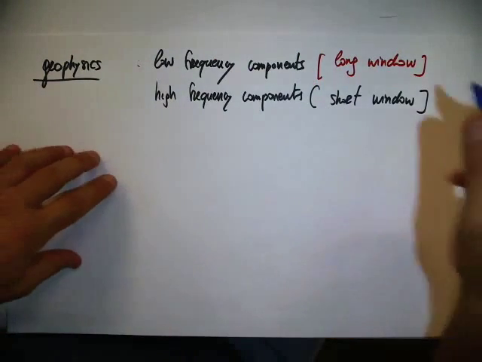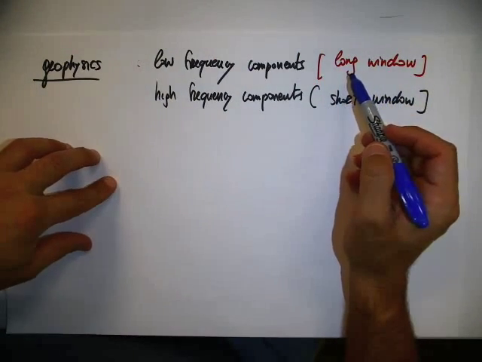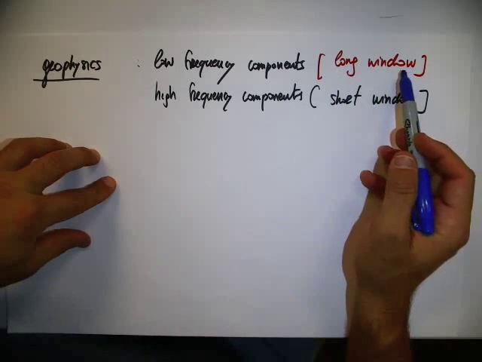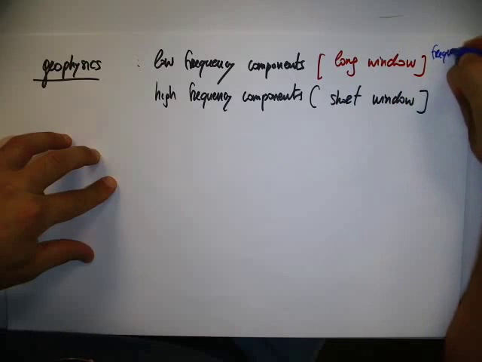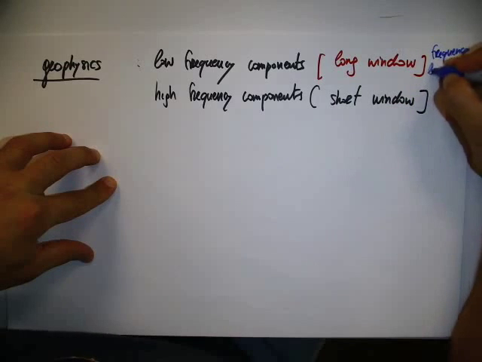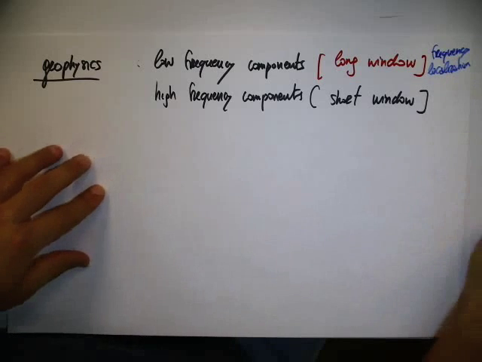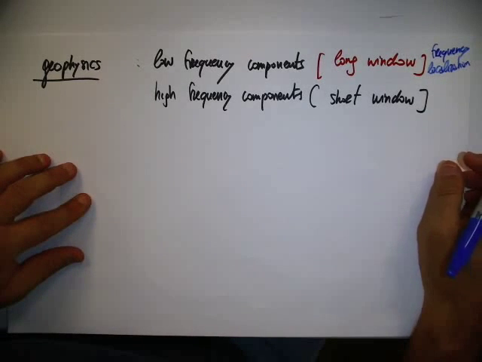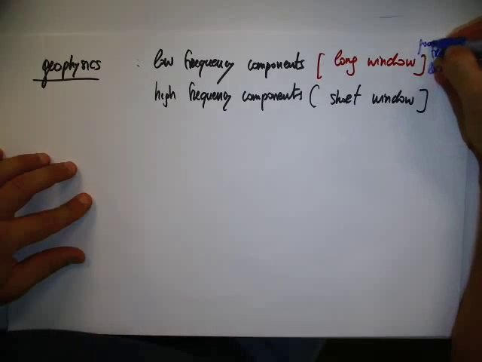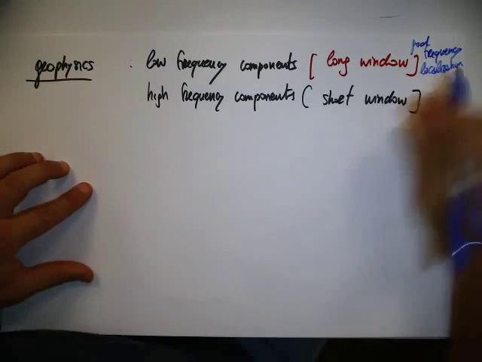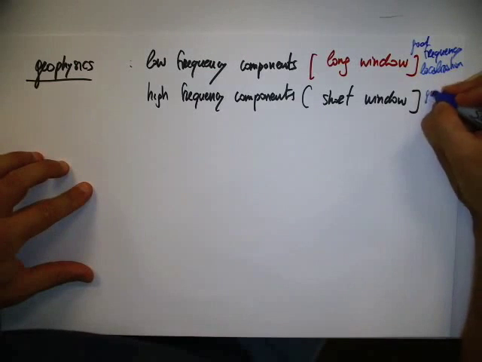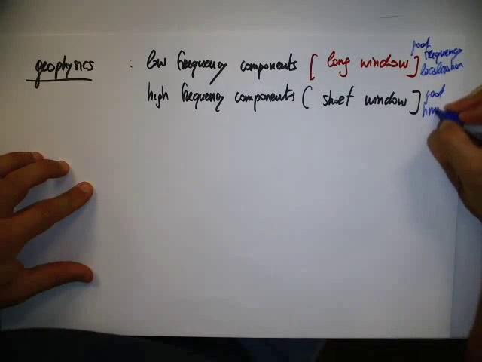So what we would like to have is, for example, a longer window that will give me good frequency localization. So we're going to get a good frequency localization. And then on the high frequency, if we use a short window, we're going to get a good time localization.